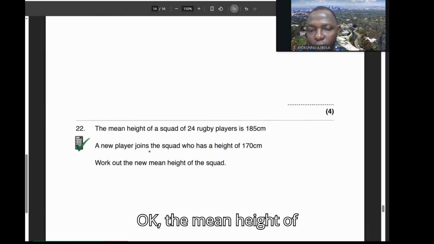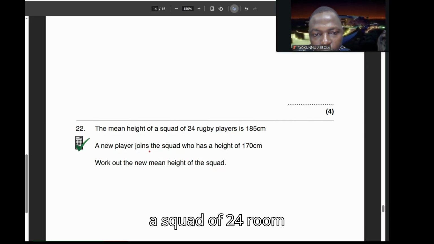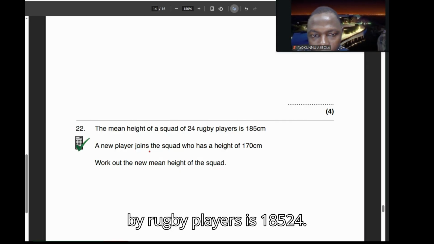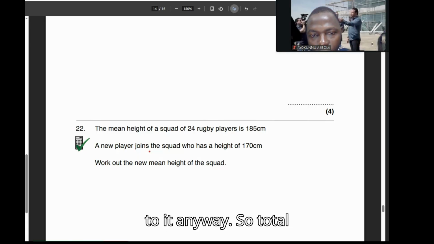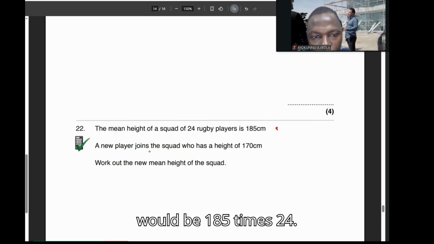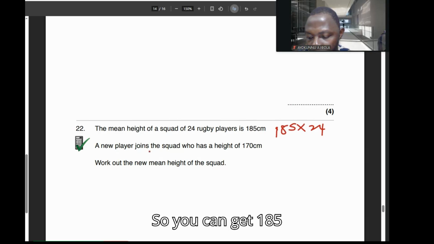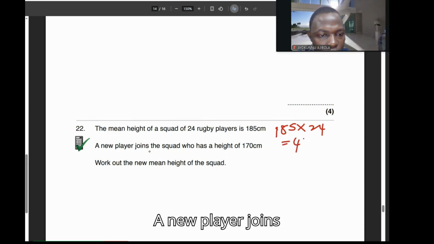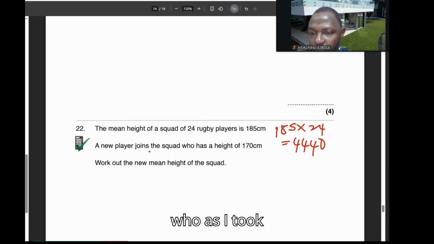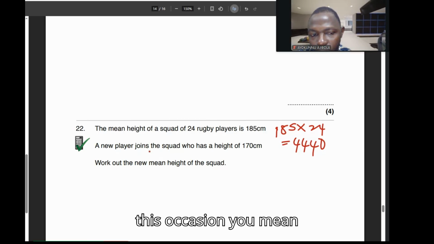Okay, the mean height of a squad of 24 rugby players is 185. The mean was the total height anyway. So total will be 185 times 24. That's 4440. A new player joins who has a height of 170. What's the new mean?